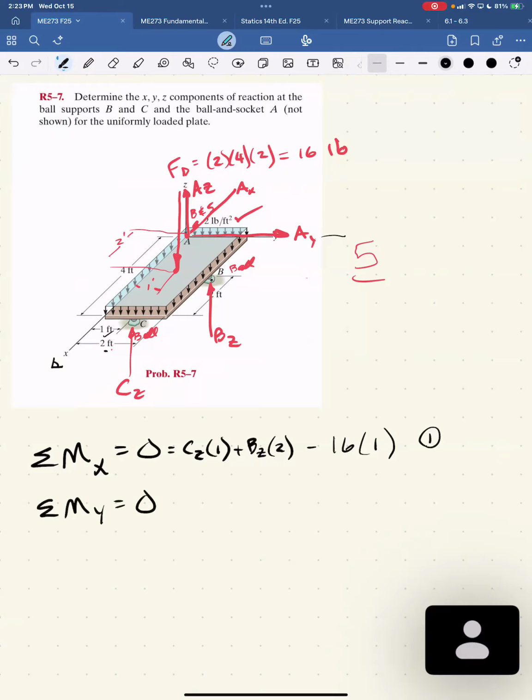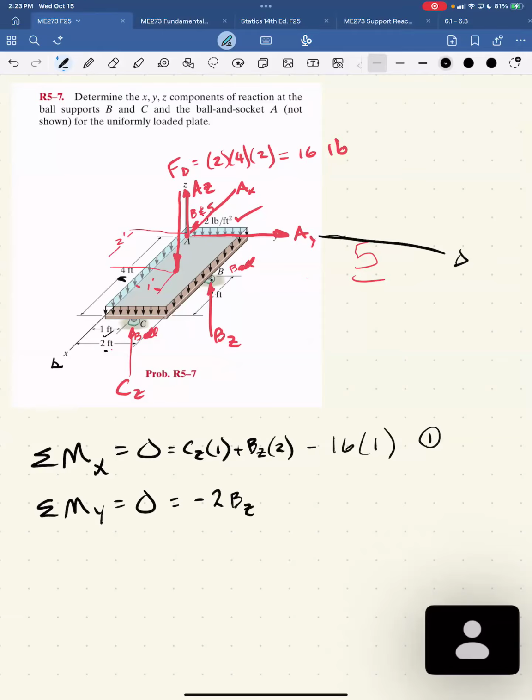Set that equal to 0. So now I'm summing moments about this axis. Remember, I'm looking backwards. Now I've got those moments at B and C going clockwise, so they're both negative. BZ is 2 feet, half of 4, away from the y-axis, so it's minus 2 times BZ.